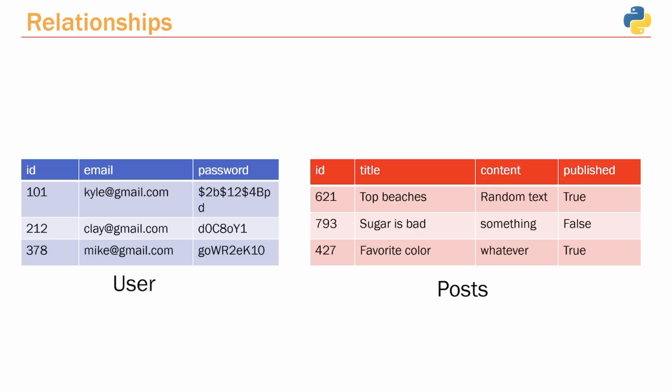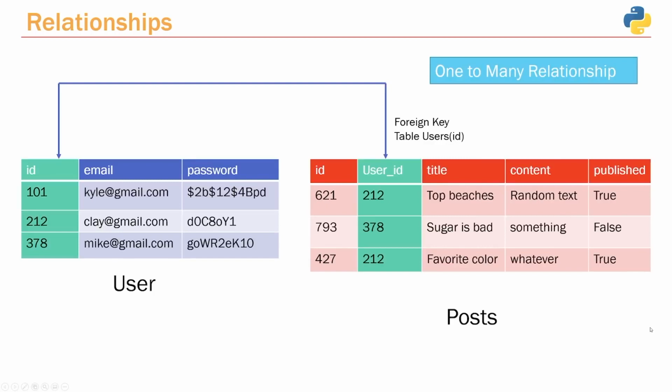So let's take a look at how we can do that within Postgres or any SQL-based database. And the way we do that is we actually create an extra column in our post table. So we've got a column, you can call it whatever you want, but I'm going to call it user ID and I'll explain why. And what we're going to do is we're going to set up a special foreign key. And a foreign key is how we tell SQL that this column here is connected to another table.